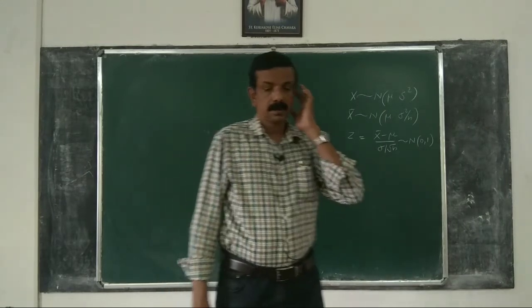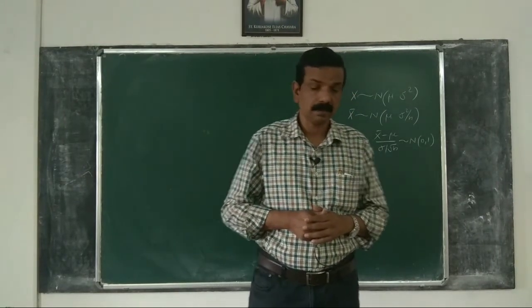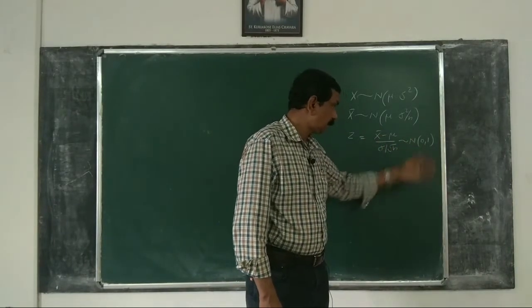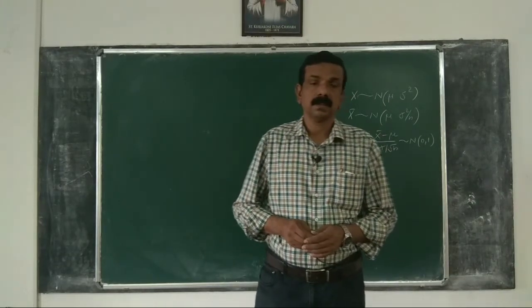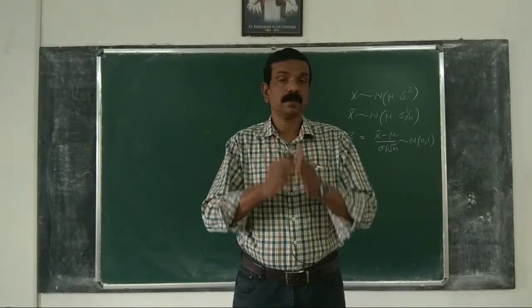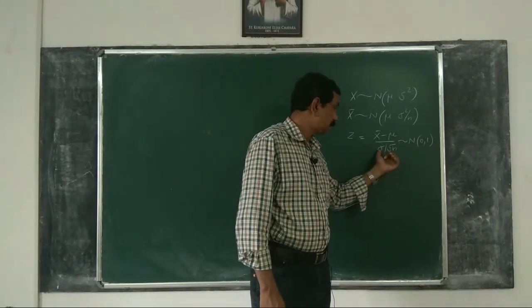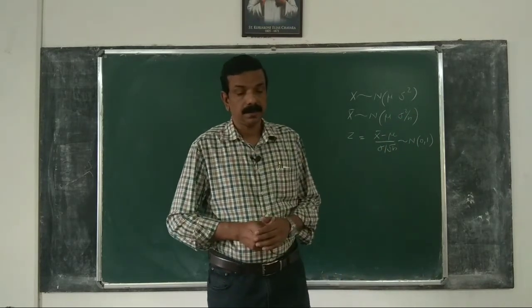So we used the standardized version of x bar, namely x bar minus mu by sigma by root n, to construct the confidence interval for mu when sigma is known, where sigma is the population standard deviation.